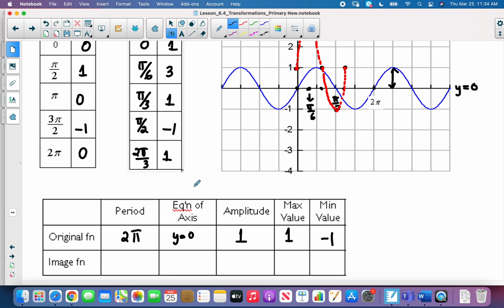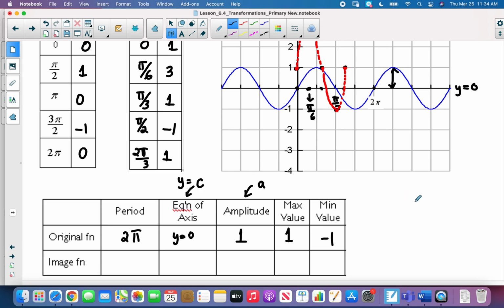So in order to find the equation of axis, which is your y equals c value, and your amplitude, which is your a value, so c and a are the same things we see when we do vertical stretch and vertical translation. There is a formula to help us connect the two.